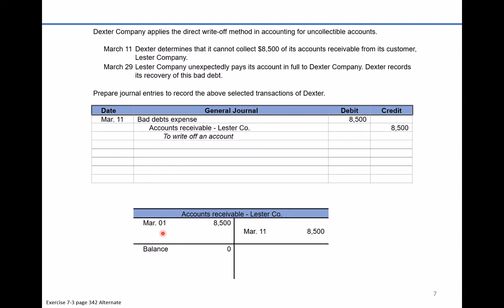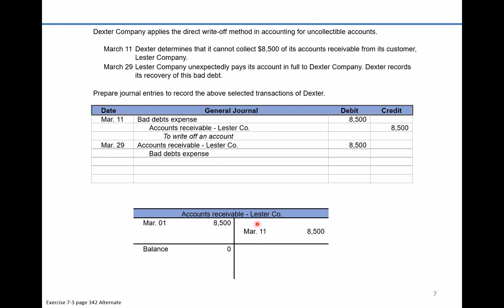Now March the 29th rolls around and we find out that, oh wow, Lester is going to pay us back all of a sudden. Surprising, but we're thrilled, so we'll take the money. So the transaction to record this looks like, on March the 29th, that receivable is going to get restored to Lester. We just wrote it off. We had that March the 11th transaction where we took it off their subsidiary ledger account. Now we're going to be adding that back. So we're going to debit their account for $8,500 again.